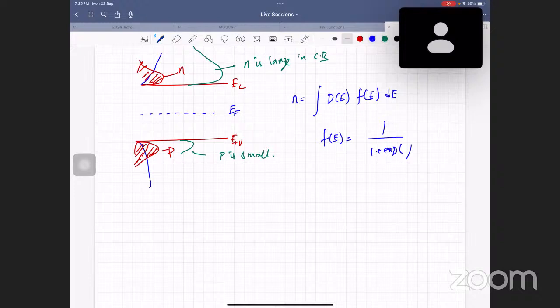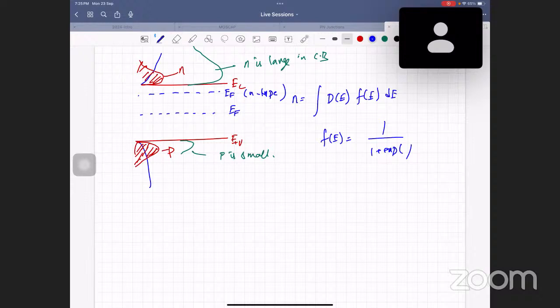That's why we say that the EF is closer to the conduction band, EF of N type. If you have the opposite scenario, where there are a lot of holes in the valence band and a few electrons in the conduction band, your EF will be closer to the valence band. I will ask you to go and take a look at these diagrams. They're probably on the slides anyway.